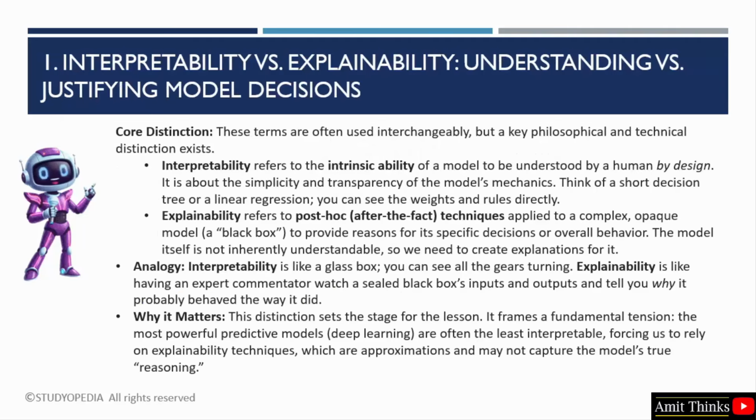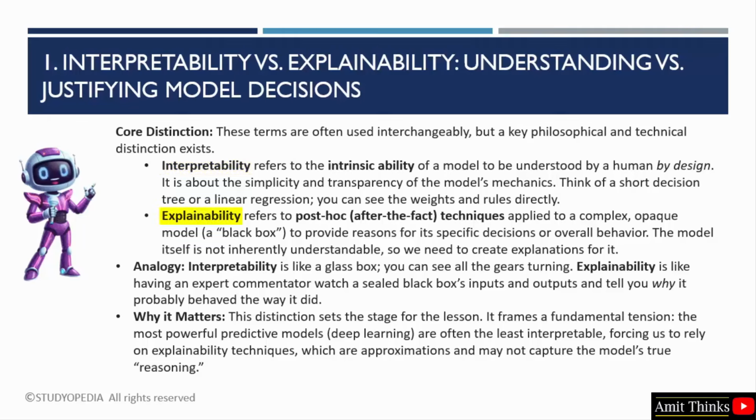So let's begin with interpretability versus explainability, understanding versus justifying model decisions. Though often used interchangeably, these terms differ both technically and philosophically. Interpretability: a model's design allows humans to understand it directly. Simple models like decision trees or linear regression show clear rules and weights.